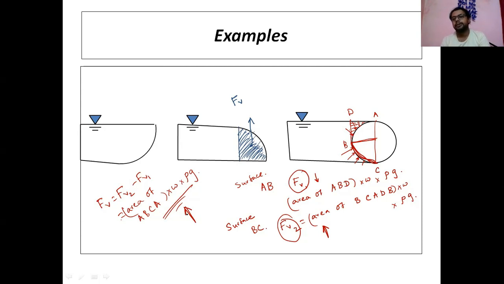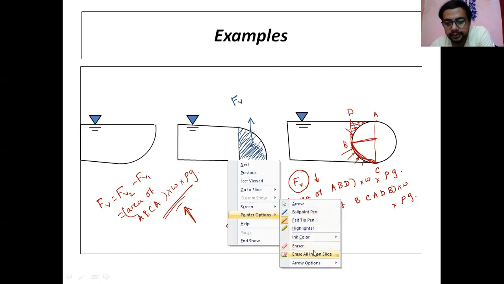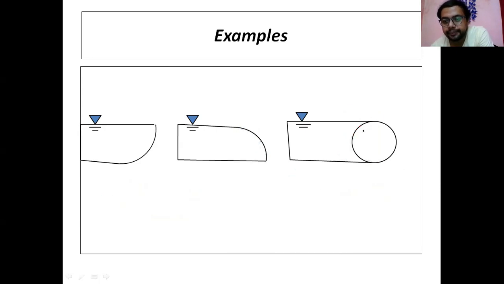If this kind of surface is given to you, it is enough to get the semicircular area. Let's see here, this h, as we already said.